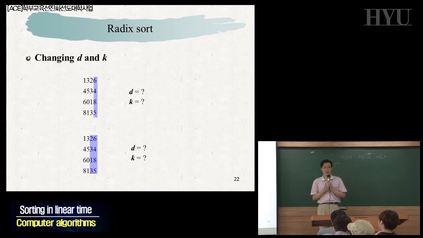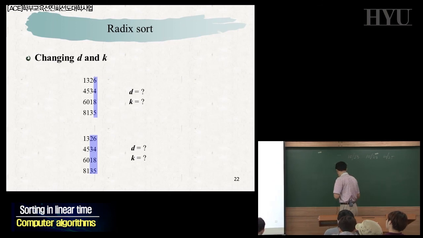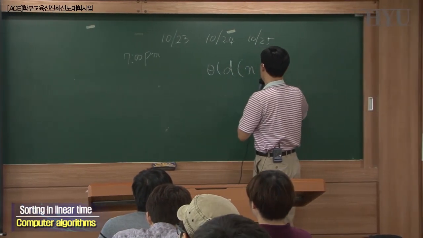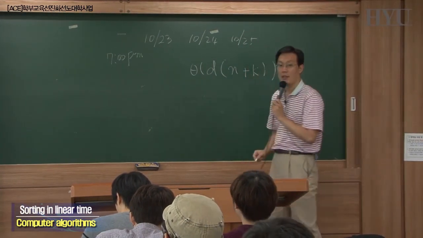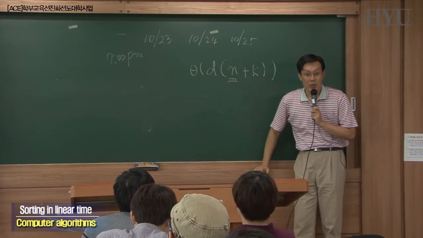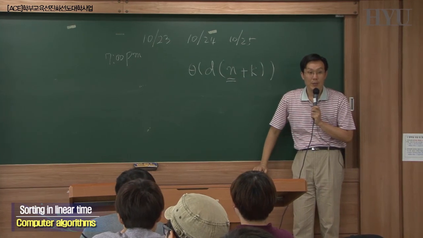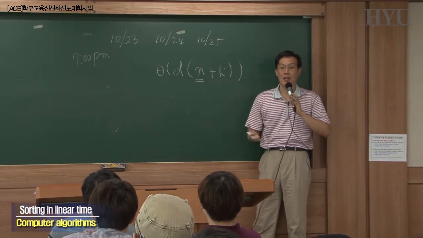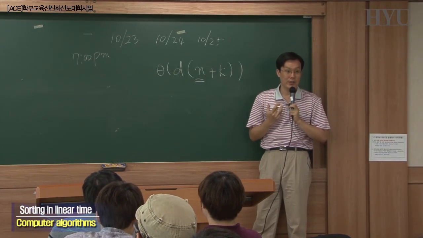Until now, I explained counting sort and radix sort, and the running time of radix sort is theta of d times (n plus k). N is a fixed one. It is given. But I will explain d and k can be changed like this.